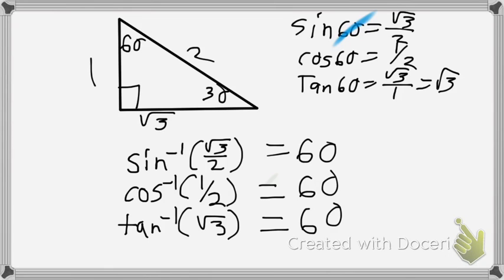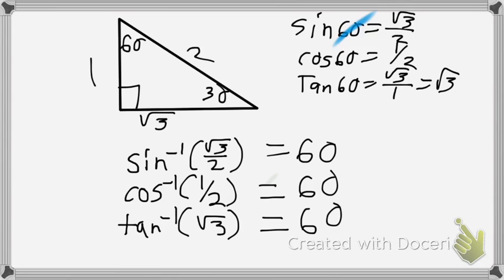So notice that each angle is going to have its own unique sine, cosine, and tangent. For geometry purposes, it's this 1-to-1 ratio that only 60 will have a cosine of 1/2. Only 60 will have a sine of square root of 3 over 2.